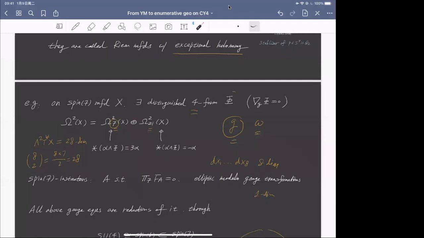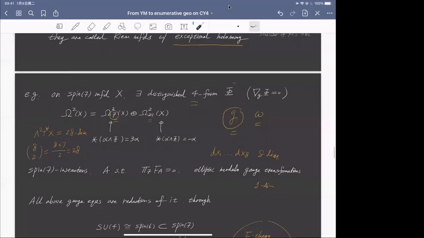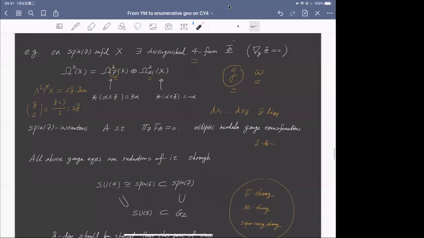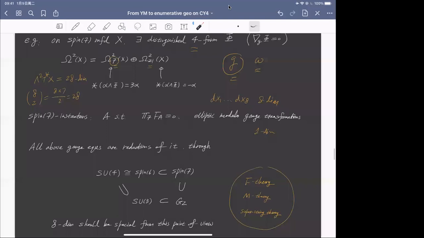A further remark is that all the above theories are reductions of these equations through relations of these spin groups. Spin(7) contains Spin(6), and Spin(6) is isomorphic to SU(4). SU(4) is the holonomy group of Calabi-Yau 4-folds.